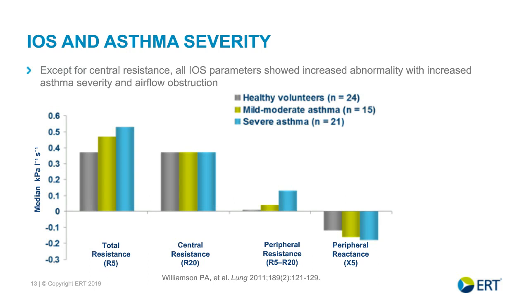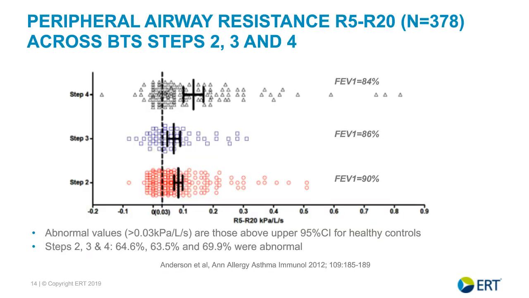What about peripheral airway resistance, R5 minus R20, in a large cohort looking at the British Thoracic Society guidelines, which are much the same as the GINA guideline steps? So we're looking at steps 2, 3 and 4.